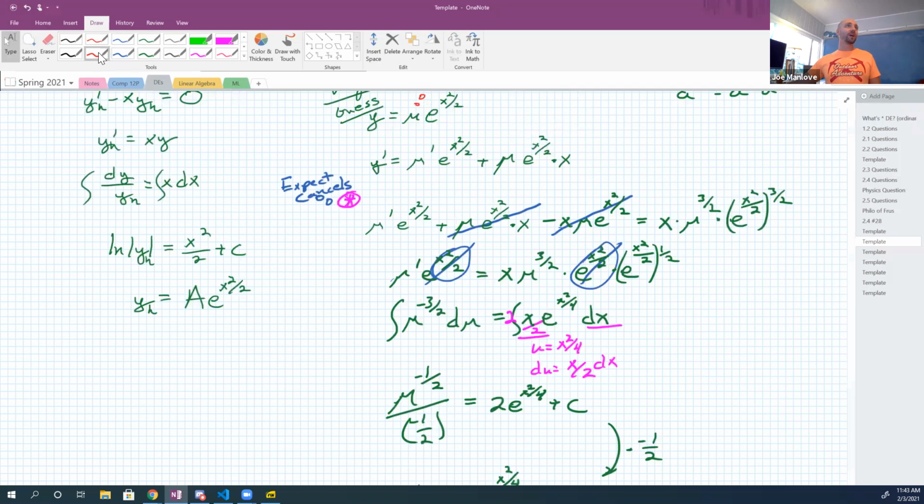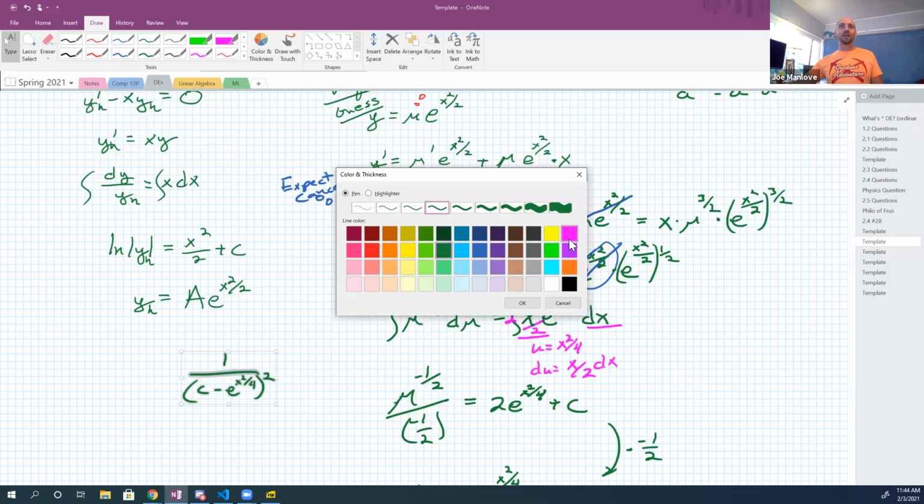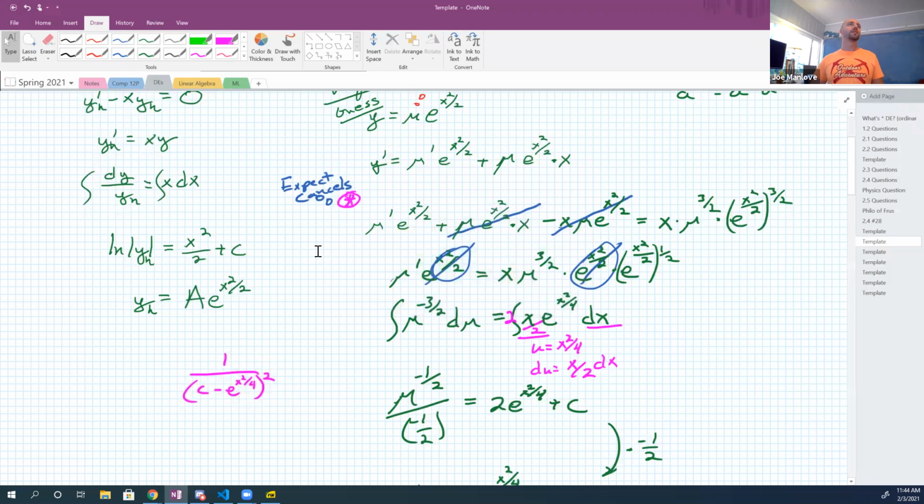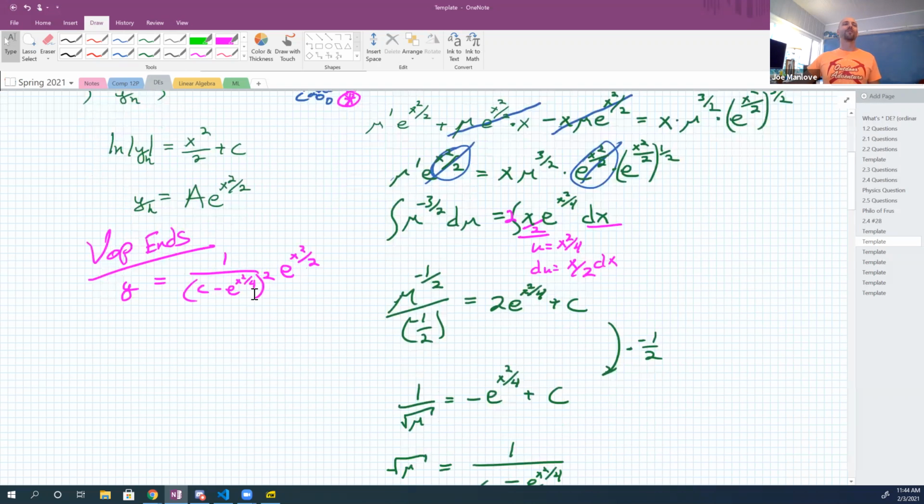At the end of variation of parameters, variation of parameters ends with y equals mu times e to the x squared over 2. And you're right, if the c is not in the right spot, then this will look a lot like it cancels, and then you'll assume that y is a constant, which is super easy to do.